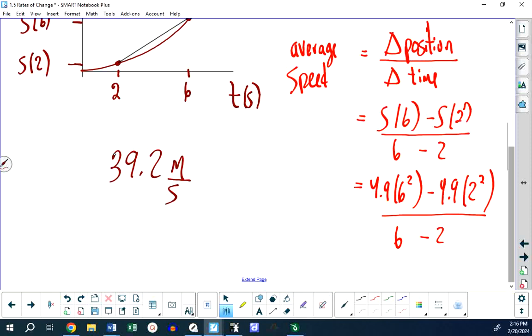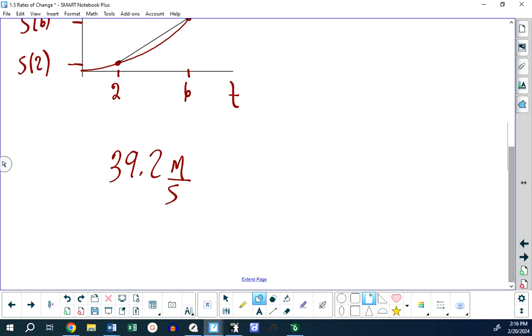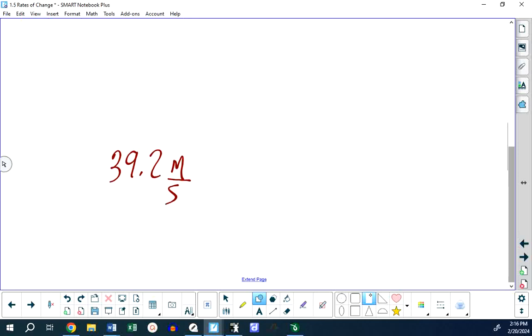Does that mean, I mean, you can look at the graph and know that it doesn't mean this, but if somebody came into the room and all they saw was 39.2 meters per second, and let's even imagine that it's a grade 9 student, and you ask the grade 9 student, what does that mean? Most likely the grade 9 student will say, well, the object was traveling at a speed of 39.2 meters per second. And I might ask, what do you mean by that? Well, that's how fast the object was moving.